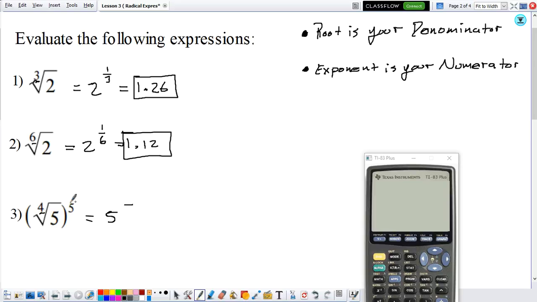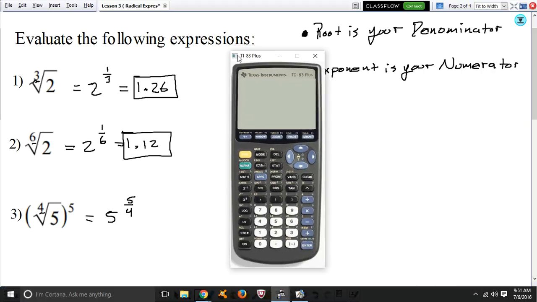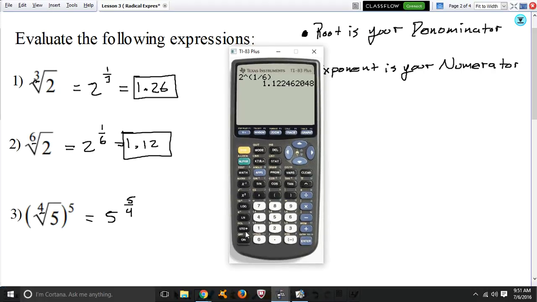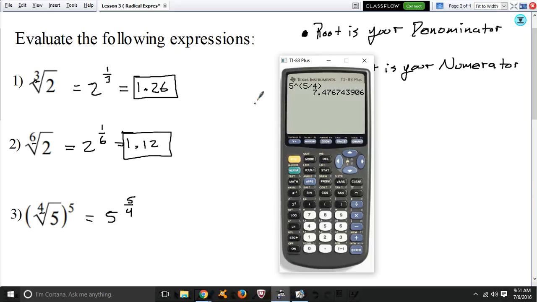The root here is 4, so that becomes my denominator. In this case, we do have an exponent of 5, so that becomes my numerator. So the fourth root of 5 raised to the 5th power, we can rewrite as 5 to the 5/4. Now that we have it in that form, we can just use our calculator, and this becomes 7.48.